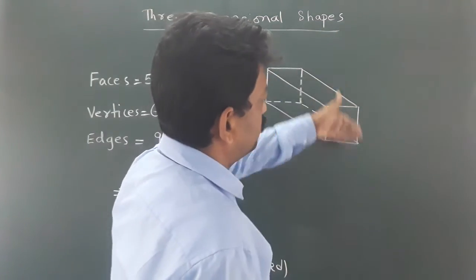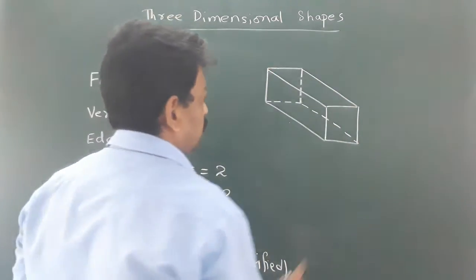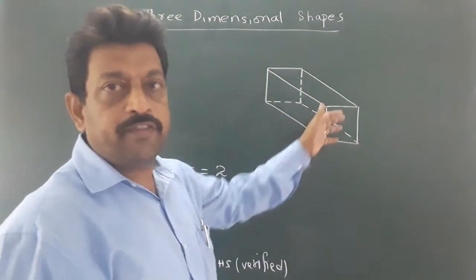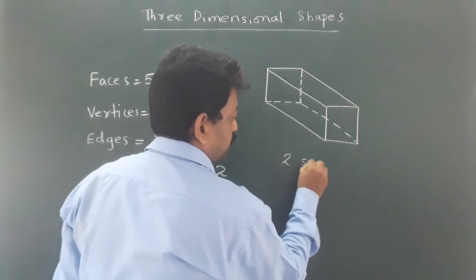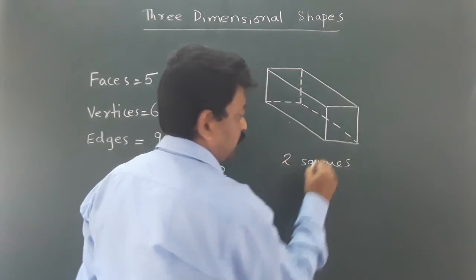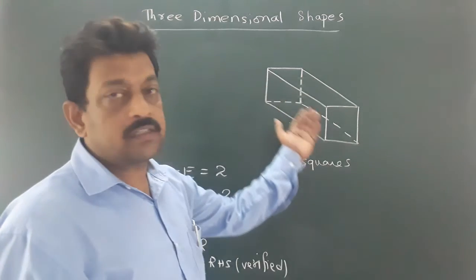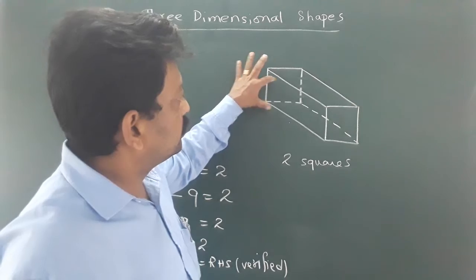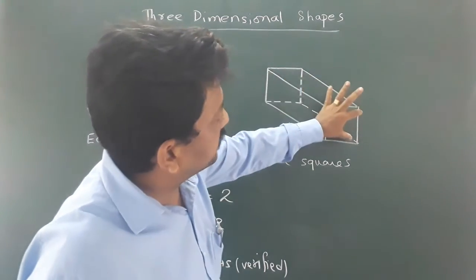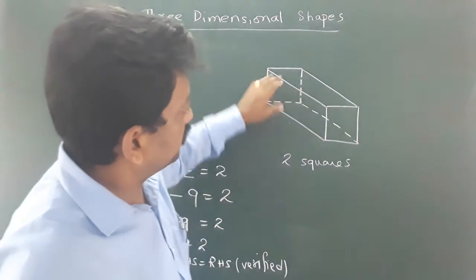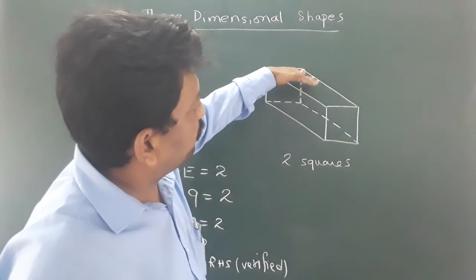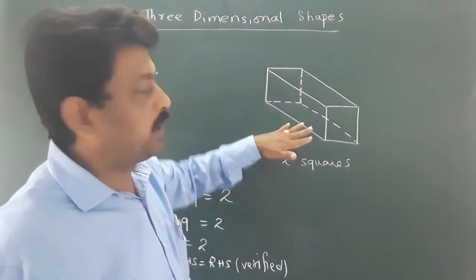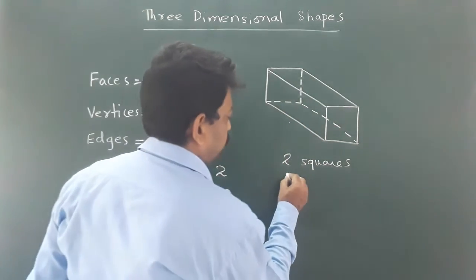The faces are square and they are parallel. We have to count the number of faces. How many faces are there? 2 square faces and the side faces are rectangles. How many rectangles? 1, 2, the back side 3 and the bottom 4. Front, top, back and the bottom. There are 4 rectangles.